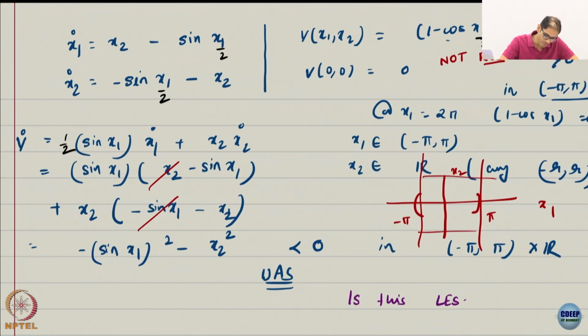And x2 x2 dot will be half here, half here, half here, and a half here. This will also have a half. Now what happens?